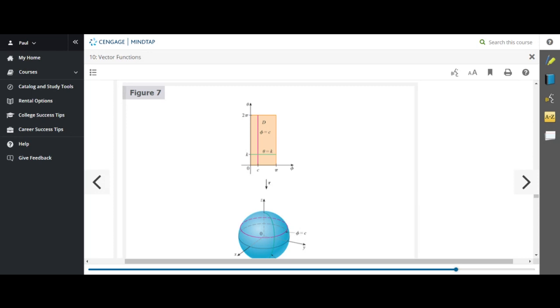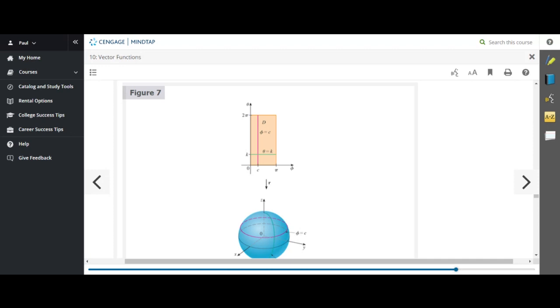Phi is allowed to go from 0 to pi, and then the vertical axis, theta, is allowed to go from 0 to 2 pi. And so if you think about your parameters as coordinates, phi and theta, the domain is going to look like this rectangle.